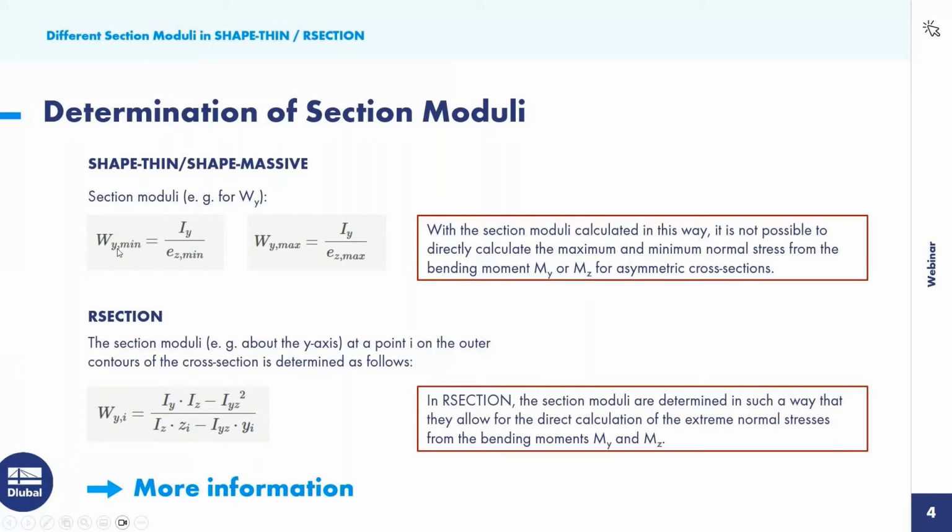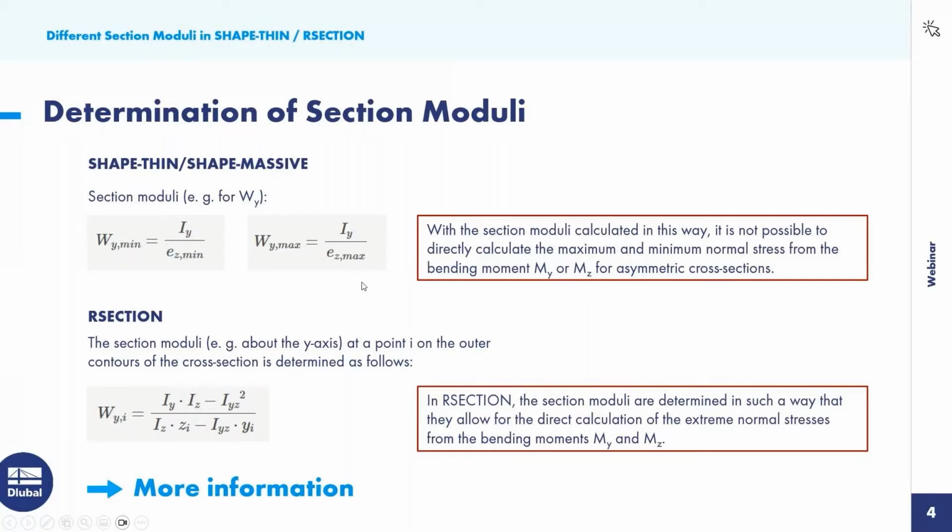The section moduli is equal to the area moment of inertia divided by the edge distances. And in RSECTION, there's a more complex or more detailed formula. It's more exact, and it's an improvement in RSECTION. And you will get different results.